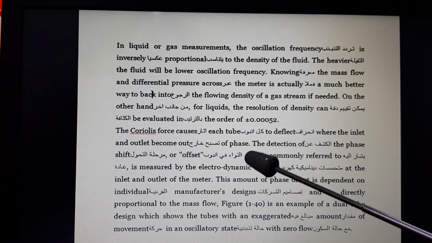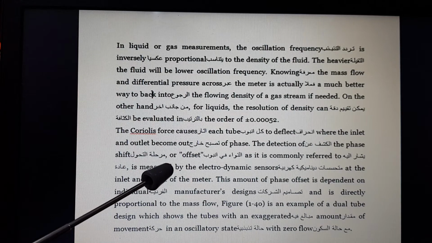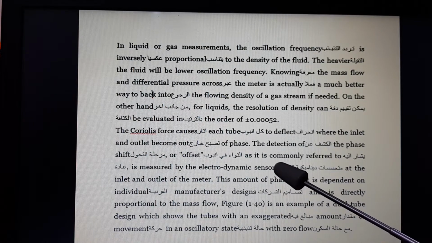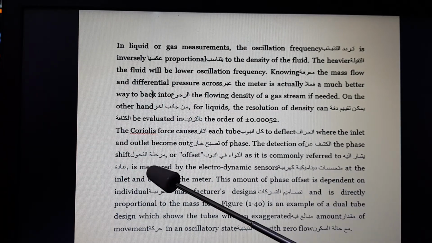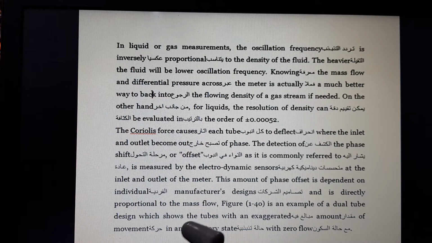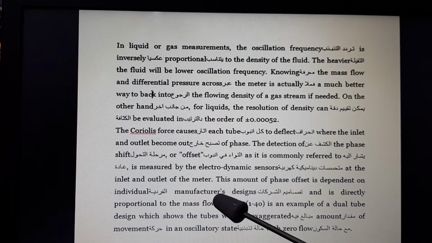The detection of the phase shift, or offset, or twist as it is commonly referred to, is measured by an electrodynamic sensor at the inlet and outlet of the meter.